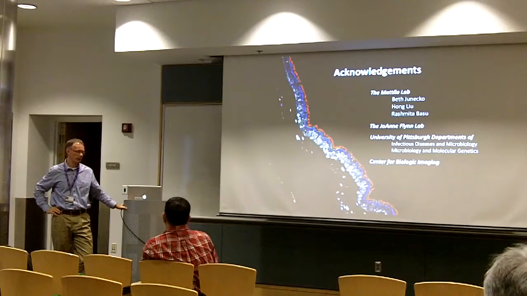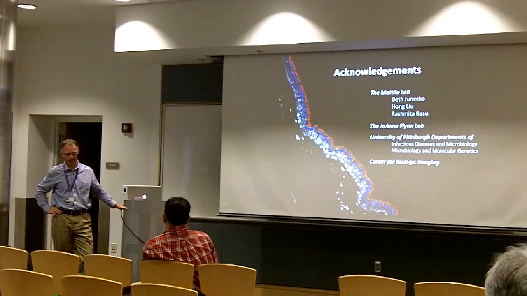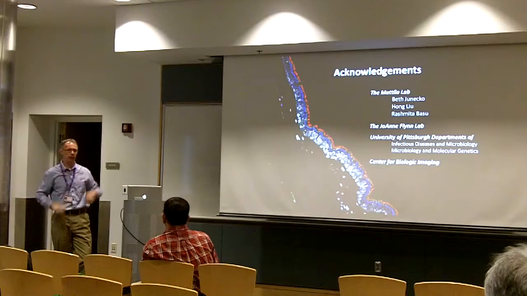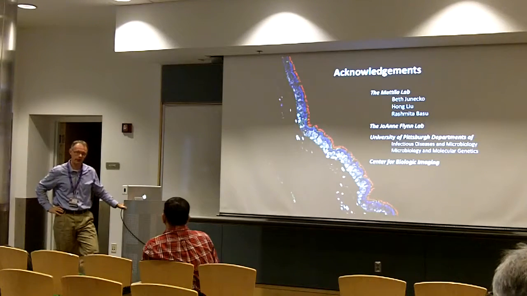So at this point, sure, we can stain them, we can image them. But if we basically put a ruler up to this computer screen and measured the distance between this macrophage and this macrophage, it would take us 600 years to get good data.